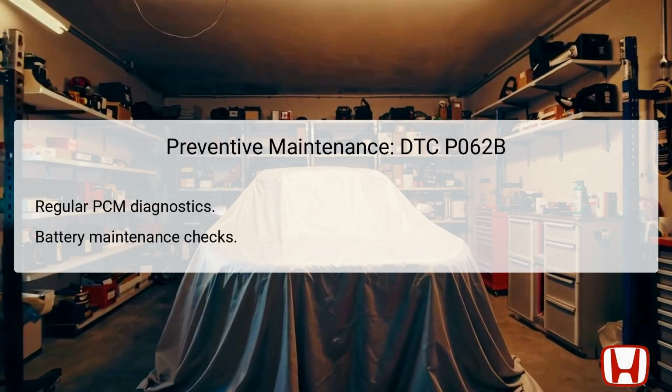Moreover, conducting periodic battery maintenance checks ensures that the vehicle maintains a healthy voltage, mitigating the risks of electrical failures in the PCM. Additionally, inspecting the wiring and connectors can prevent corrosion and damage caused by environmental factors. By adopting these preemptive measures, you can enhance the longevity of the vehicle's engine management system and promote reliable operation.